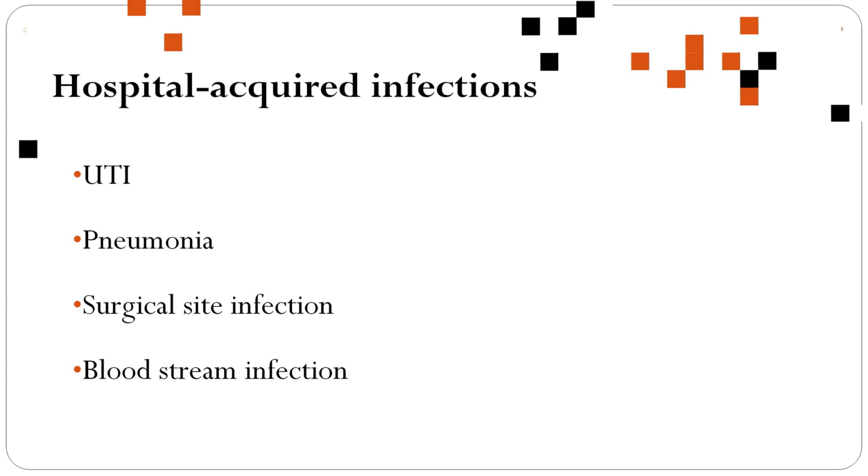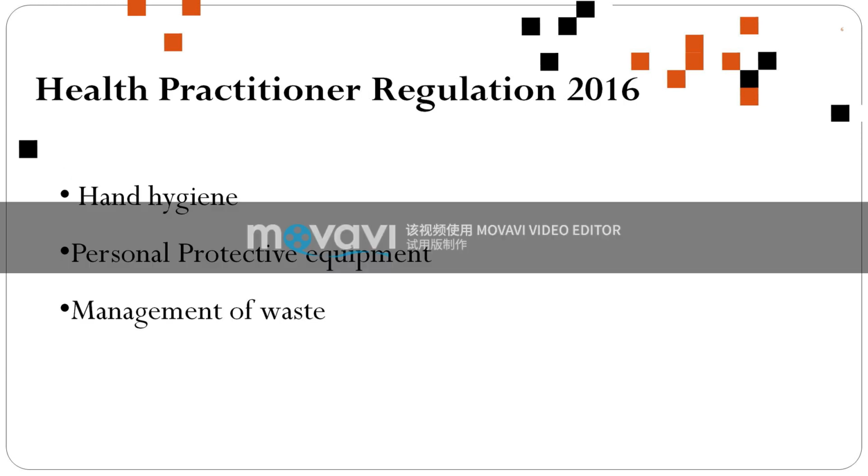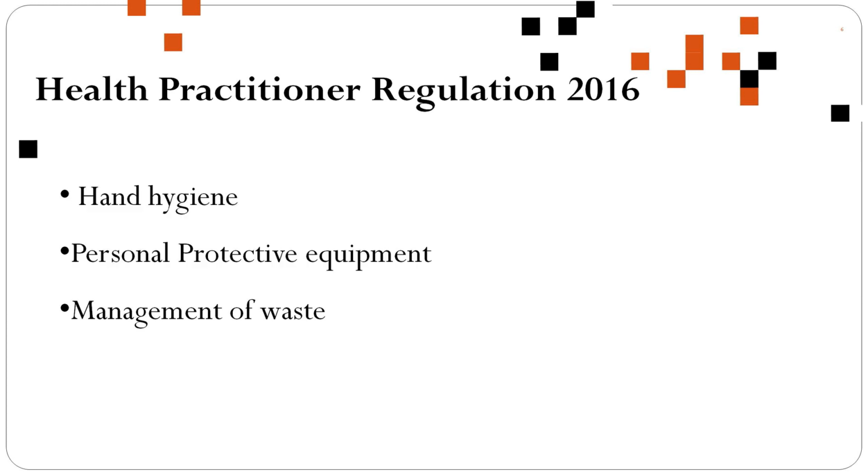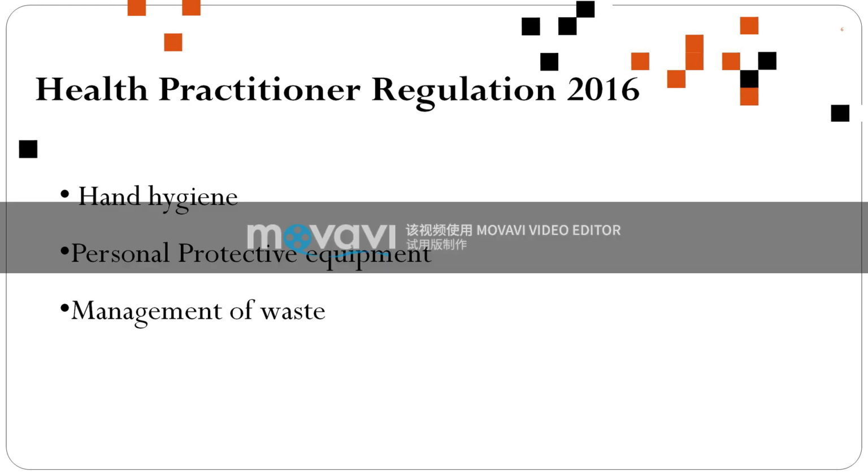Now, let's talk about what nurses should do to prevent this happening. Just as there are multiple causes of hospital-acquired infection, there are many strategies to address this problem. Effective infection control requires a range of initiatives at different levels. New South Wales Public Health Organisation have published the mandatory requirements and the governance structure for health professionals.